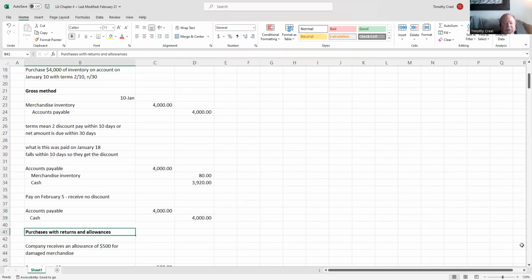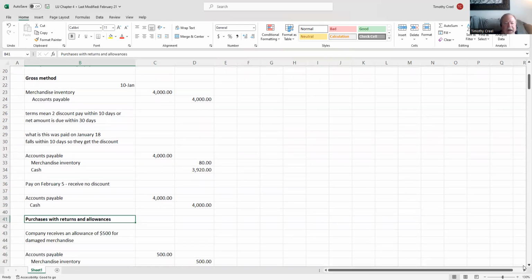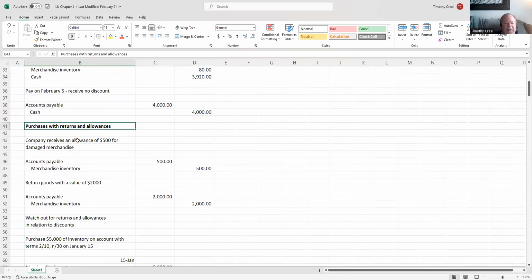Now, purchases with returns and allowances. Basically, the company receives an allowance for $500 for damaged merchandise. What returns and allowances are is, if we're buying goods from a supplier to sell in our store, we have the ability to return them, or maybe if they're damaged in shipment, we could contact the supplier and say, look, they were damaged.